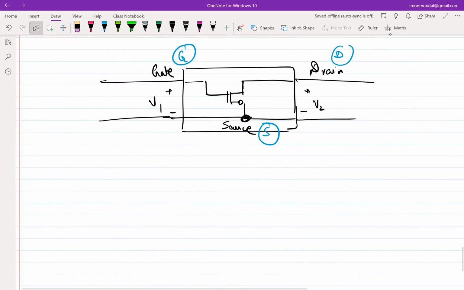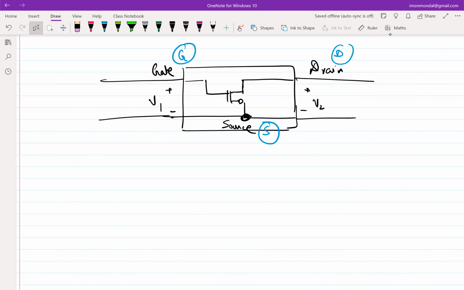Also, as it turns out, in a MOSFET, the input bias current I1 is actually 0 at DC. We'll expand on why at DC later on, but your input bias current is absolute 0, right?